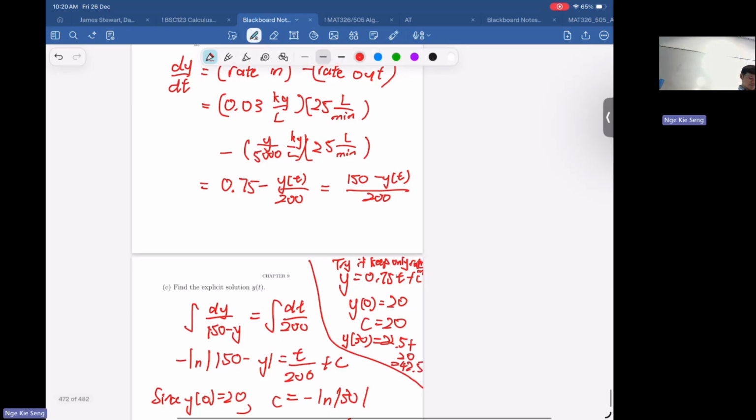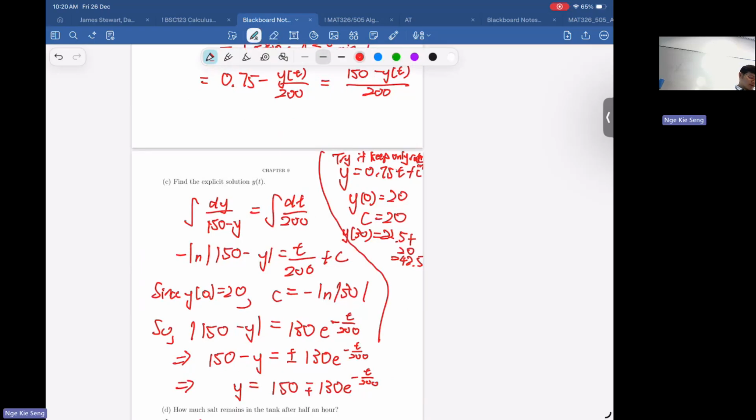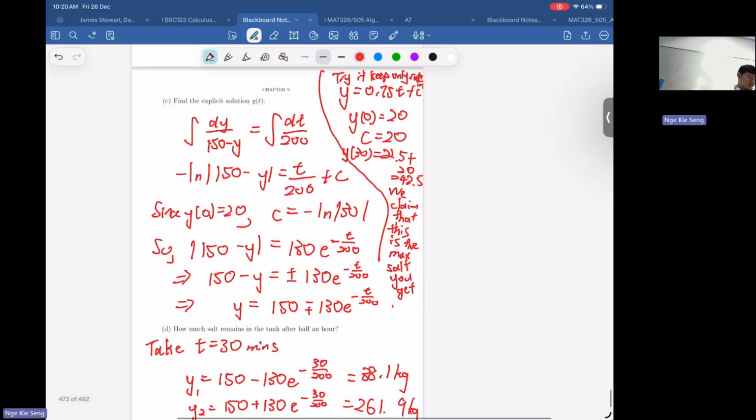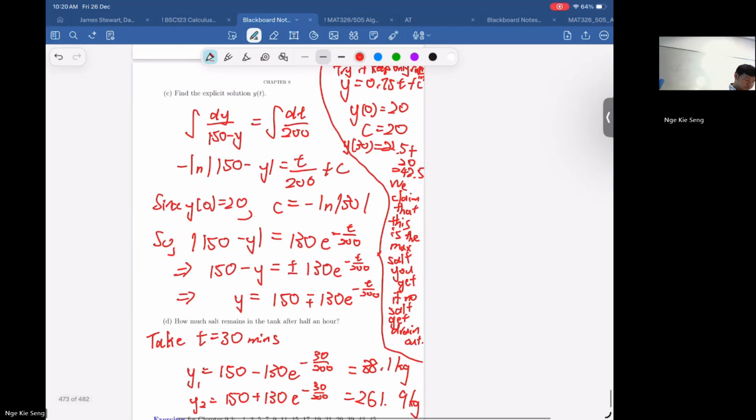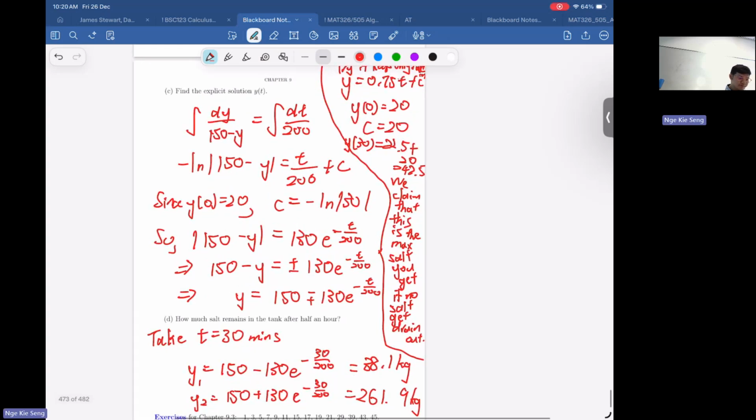Okay, so we claim that this is the maximum salt you get if no salt gets drained out. Kind of makes sense. 41?